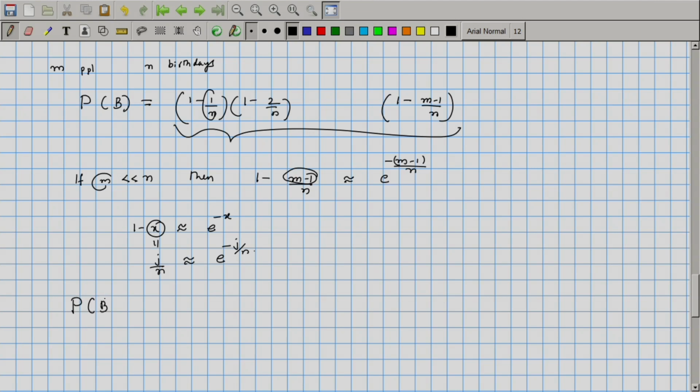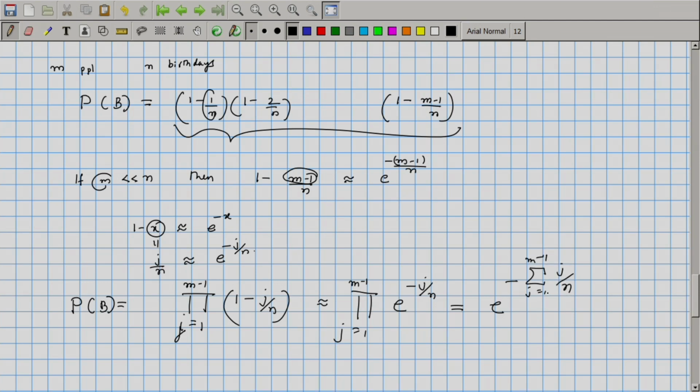So, the probability of B is going to be the product j going from 1 to m minus 1 of 1 minus j by n, and this is approximately the product j going from 1 to m minus 1 of e raised to minus j by n, and that is going to be equal to e raised to minus the summation j going from 1 to m minus 1 of j by n, that is equal to e raised to minus (m minus 1) into m by 2n, which we can approximate as e raised to minus m square by 2n.